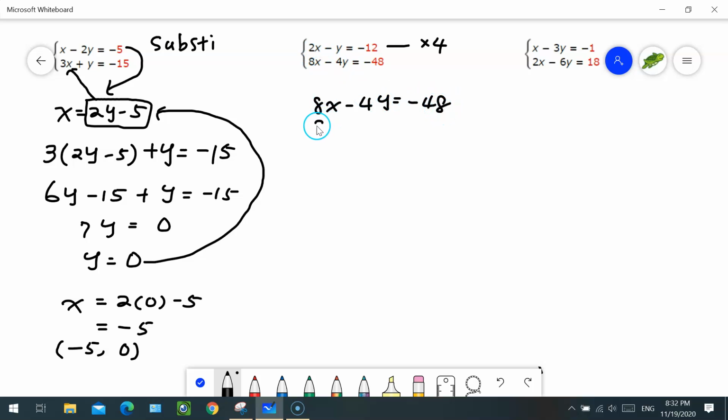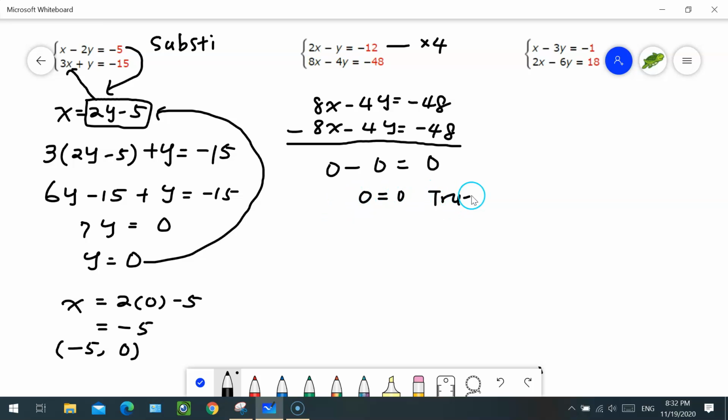Now I copy down the second equation here. They are exactly the same, right? Since they are exactly the same, these two lines match everywhere, they overlap everywhere. If I subtract both equations, I will get 0 equals 0. This is true. So that means x and y rely on each other. So x and y are dependent.